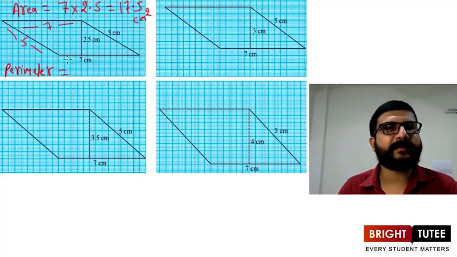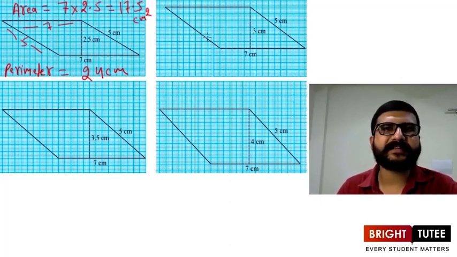For finding perimeter, we just have to find the sum of all the side lengths. So it will be 7 plus 7, which is 14, 14 plus 5 plus 5, which is 24. So it is 24 centimeters. Perimeter of the parallelogram is 24 centimeters, or we can say it is simply the sum of all the side lengths.